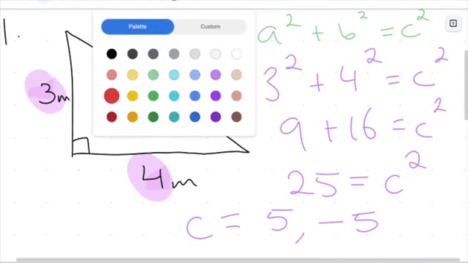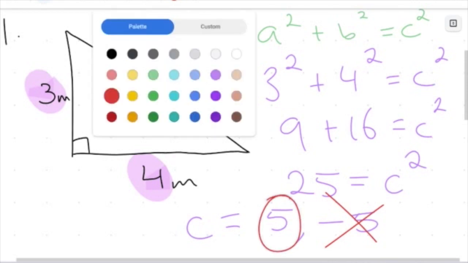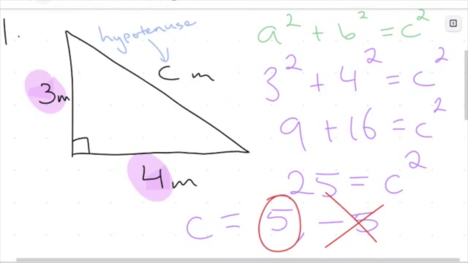So I'm going to ignore this solution, because our answers here depend on context. We are in the context of measurement, and when we measure lengths, we want positive answers. So my c is going to be 5 meters here.